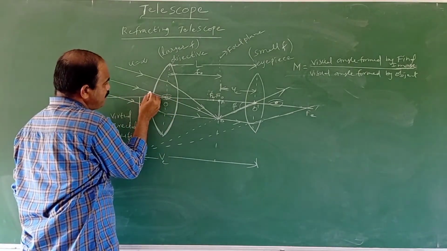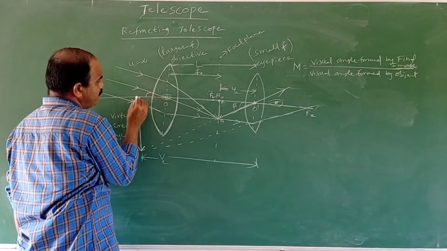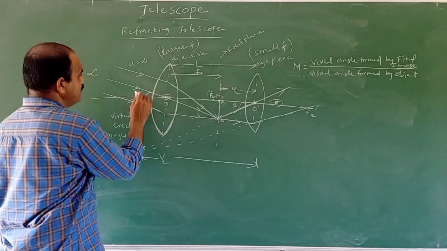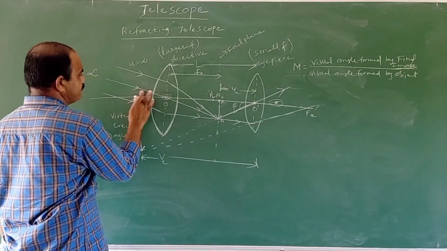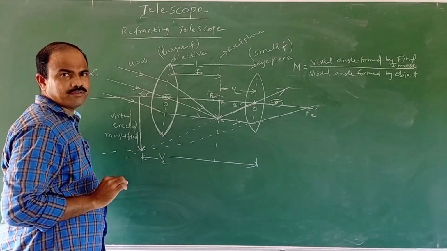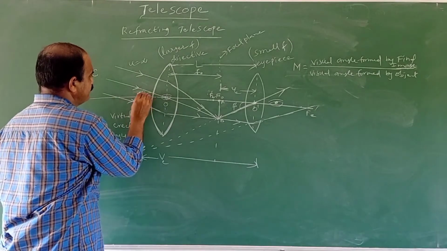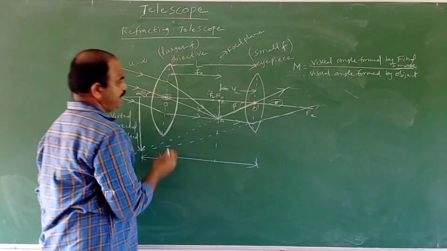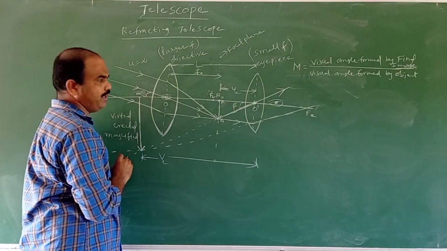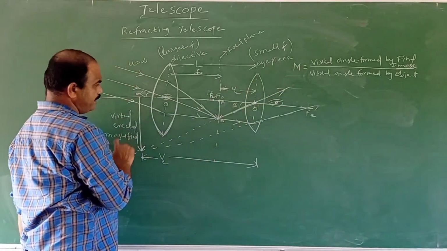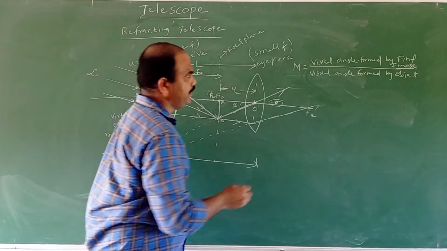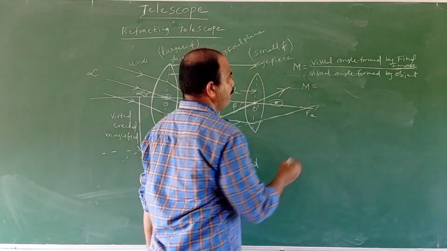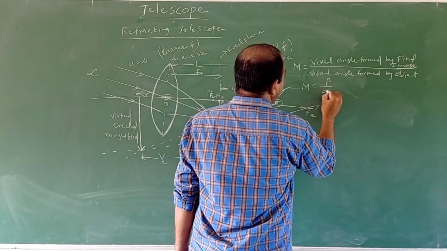It also makes some angle with this eye, and that angle is alpha. So the visual angle formed by the object at our eye is alpha, and the visual angle formed by the final image at our eye is beta. So what is the formula for magnifying power? M equals beta by alpha.